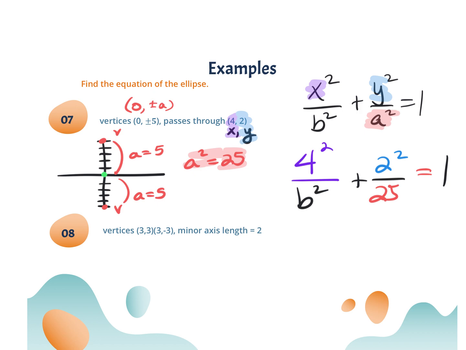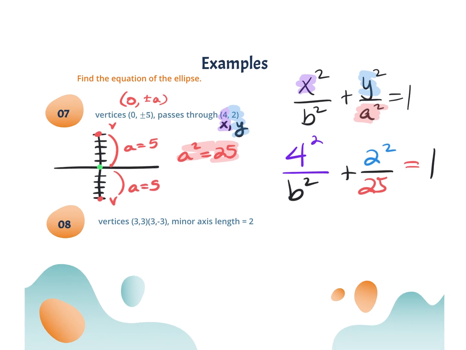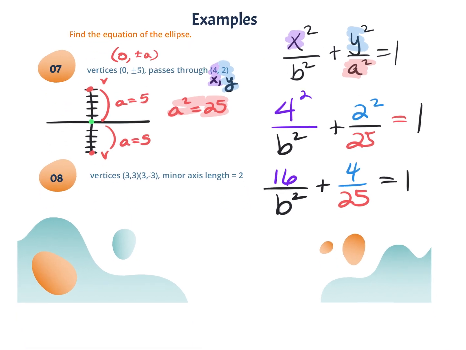Now let me square those terms. The 4 becomes 16 over b squared. 2 squared is 4, and I had already squared the 5 and made it 25. All right, now I need to solve for b squared, so I need to isolate the variable. The first thing I'm going to do is subtract 4 over 25 from both sides.